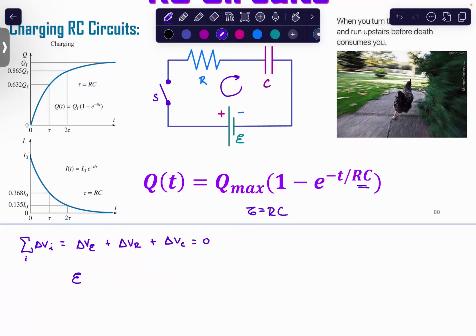Clockwise or counterclockwise? Okay, current goes clockwise around the circuit. So at one point it goes that way, at one point it goes that way, at one point it goes that way. Yeah, clockwise. That's only one branch of the circuit.